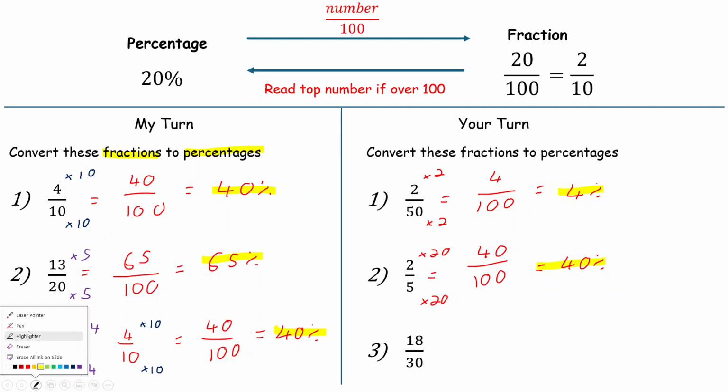Last but not least, we've got to get from 18 out of 30 to a percentage. Well, again, if you can't get this easily to be out of 100, because to get from 30 to 100 is a bit more awkward, what could you do to make it a little bit easier? Well, in this case, you could divide through by 6 on the denominator and on the numerator, because 30 divided by 6 is equal to 5. 18 divided by 6 is equal to 3.